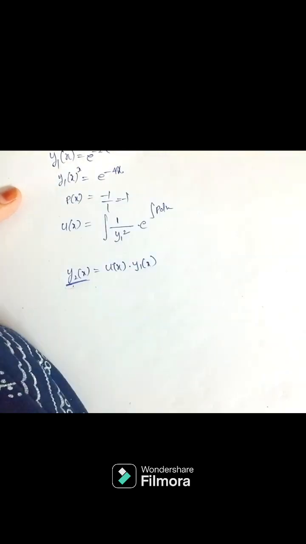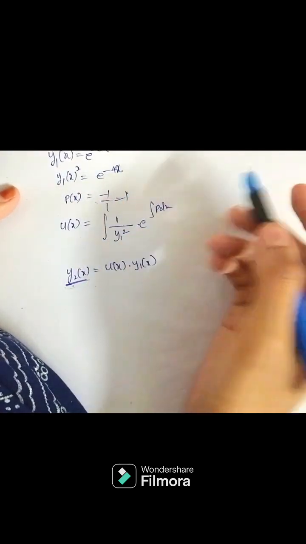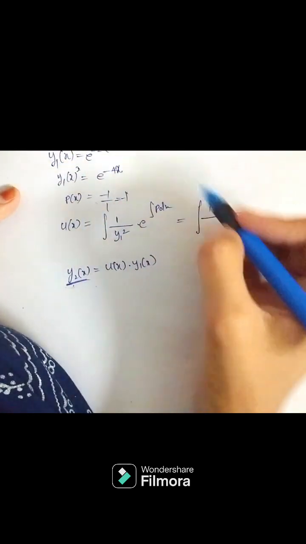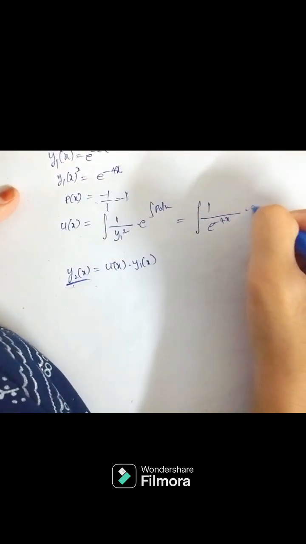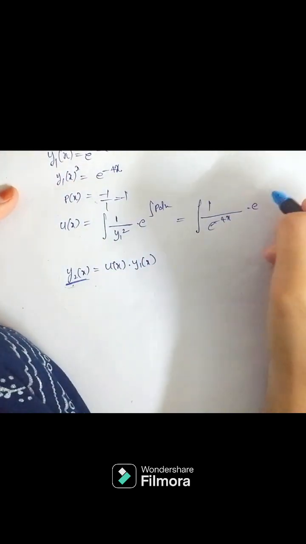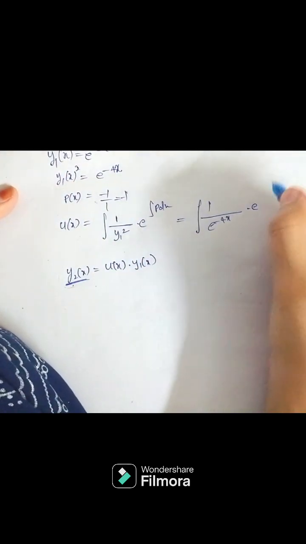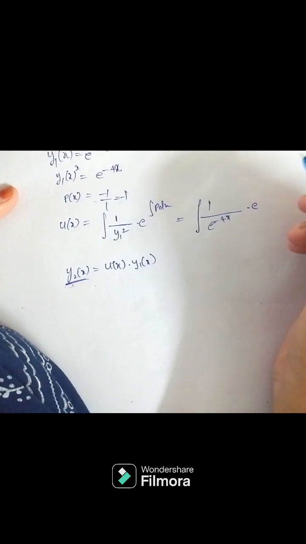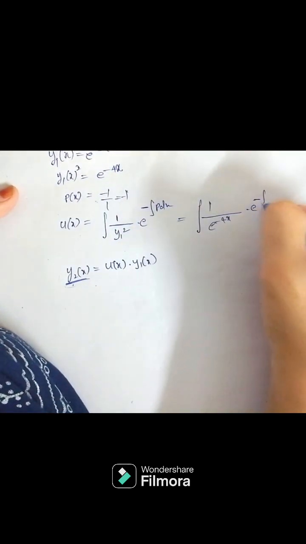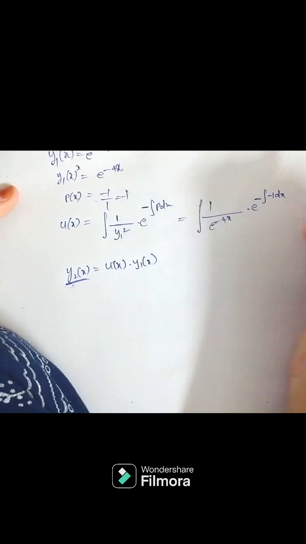Okay. So what is p of x? This is minus 1. So 1 by y1 square means the given function squared. E power integral of minus 1. So integral of minus 1 dx means it will be minus x. So in the formula you have it like this. So I'll get minus 1 dx. This is there in the formula.